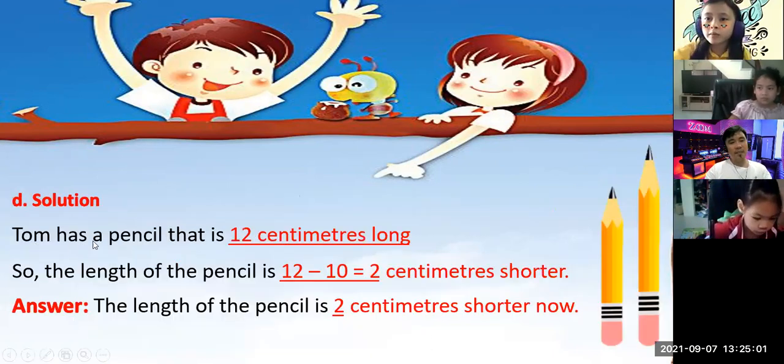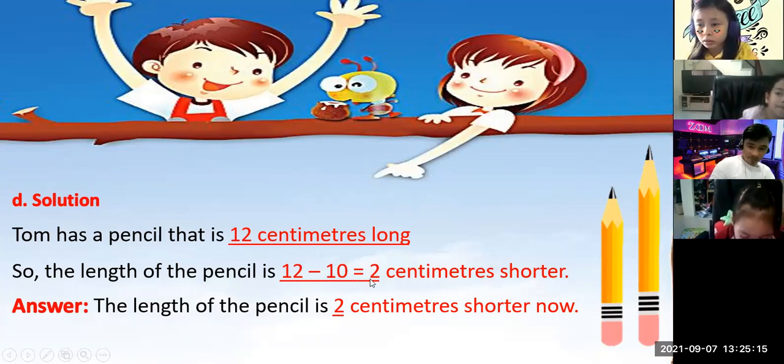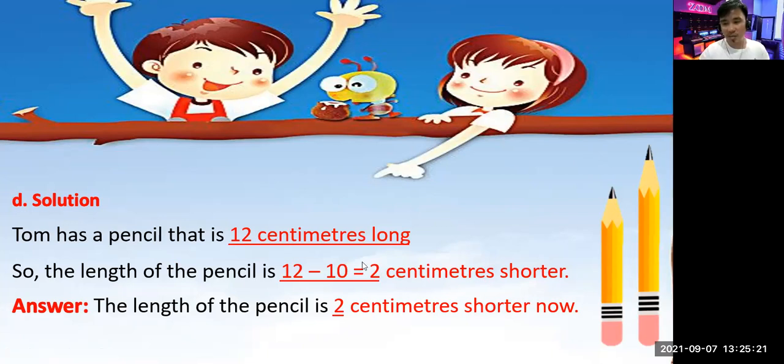Tom has a pencil that is 12 centimeters long. So the length of the pencil is 12 minus 10 equals 2 centimeters shorter. Okay, 2 centimeters shorter. So the answer here is the pencil is 2 centimeters shorter now.